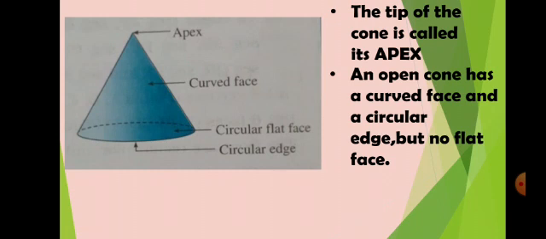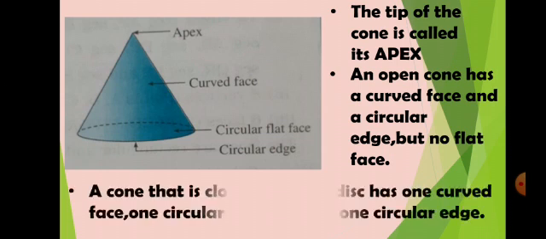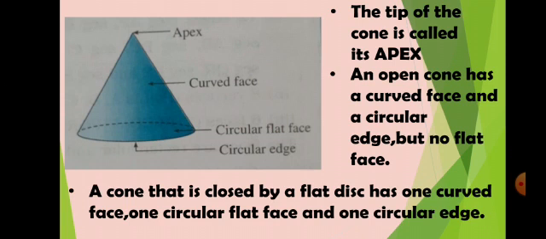Children, this thing you have to keep in mind, that open cone has no flat face. A cone that is closed by a flat disc has one curved face, one circular flat face and one circular edge.